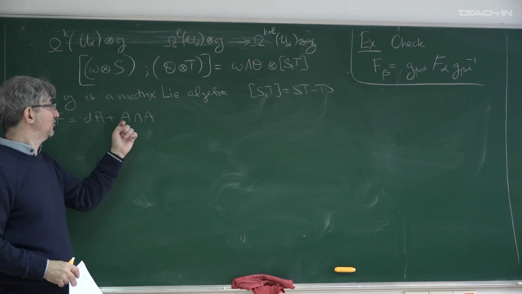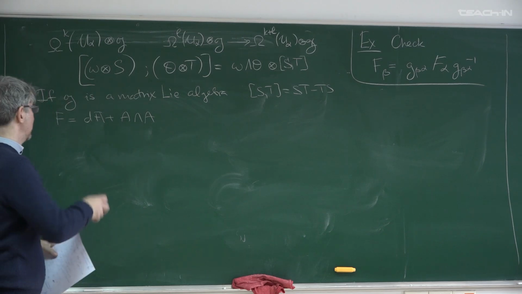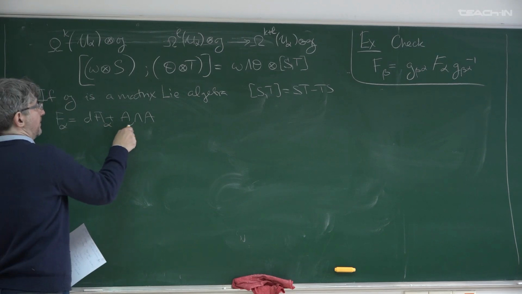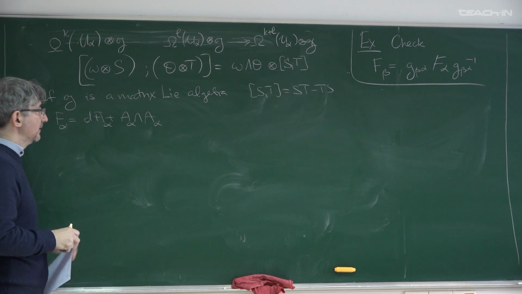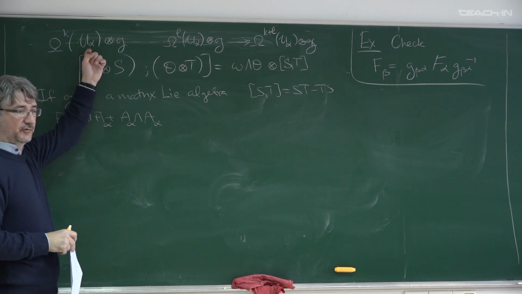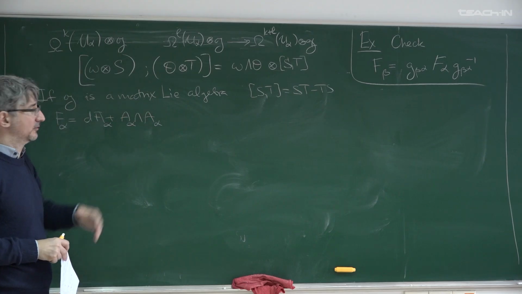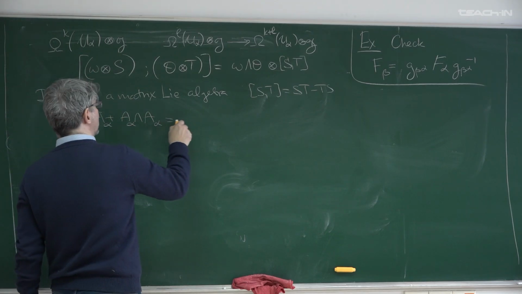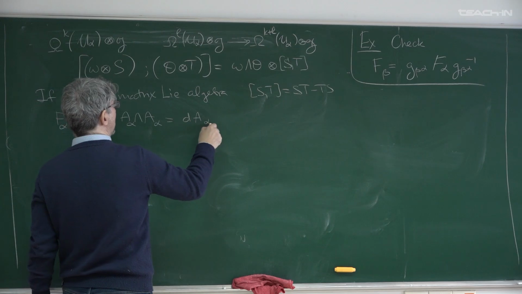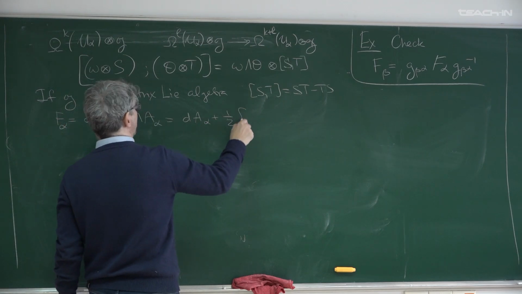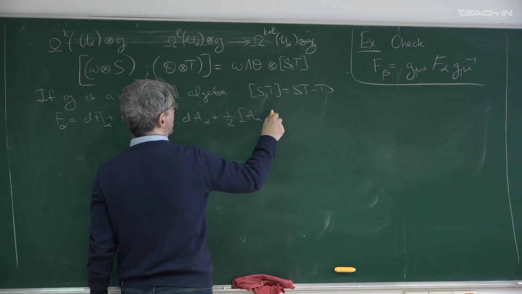And now, if you sit in a local chart, you can add here alpha. This guy became an object of such nature, with values in the Lie algebra, which will be matrices. Then people write the following formula: dA_alpha plus 1/2 of the commutator of A_alpha with itself.